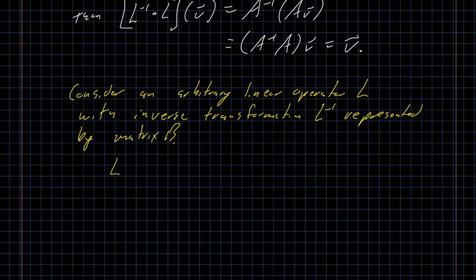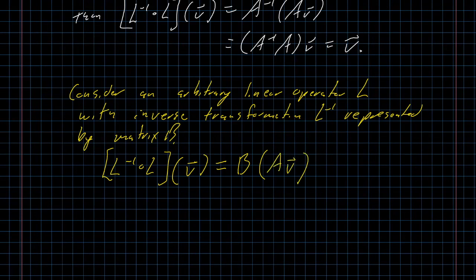Then L inverse composed with L acting on vector V is the same thing as matrix B multiplied by matrix A V.